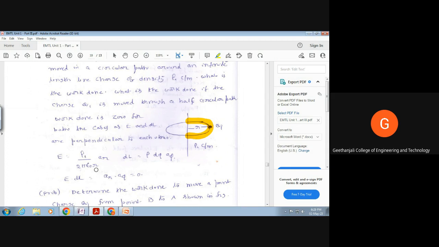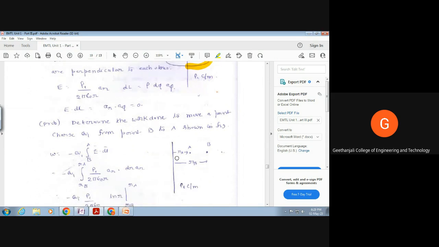Rho L by 2 pi epsilon naught R aR, or otherwise rho L by 2 pi epsilon naught rho a rho, both are same. How do you describe this dl, which is a part of this circle? That is equal to rho d phi a phi. So the direction of dl is a phi, the direction of electric field intensity is a rho or aR. So what is aR dot a phi? It is equal to 0.